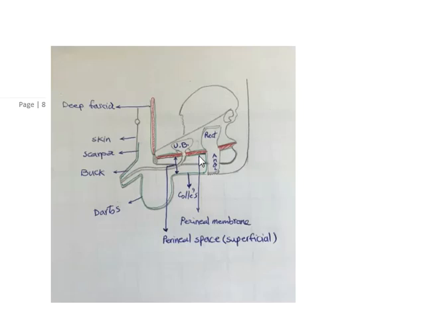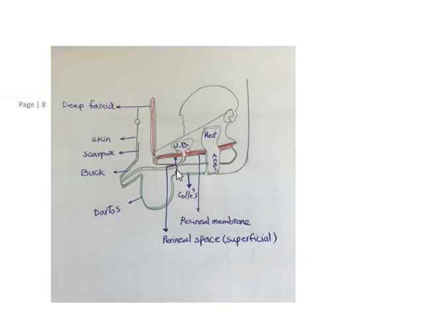And in the urogenital triangle, from the deep fascia that covers the upper part of the pelvic diaphragm to the skin, there are two perineal spaces, deep and superficial.